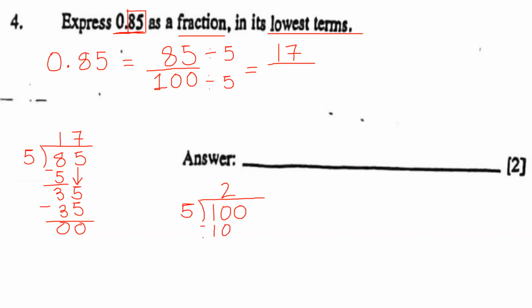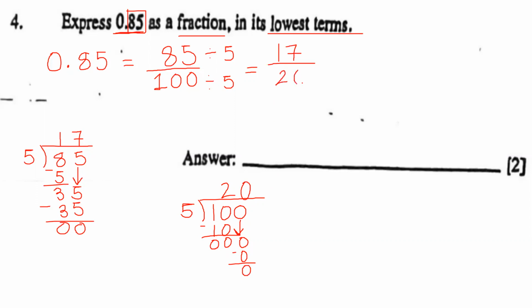So we subtract. 10 minus 10 is 0. So we bring down the 0. How many times does 5 go into 0? 5 goes into 0 0 times. So 5 times 0 is 0. So we know that 100 divided by 5 is definitely 20.